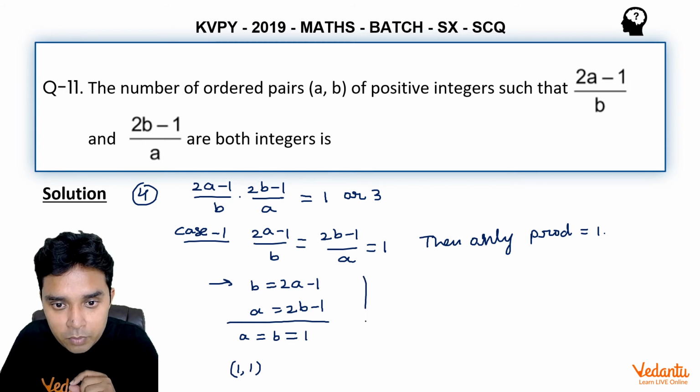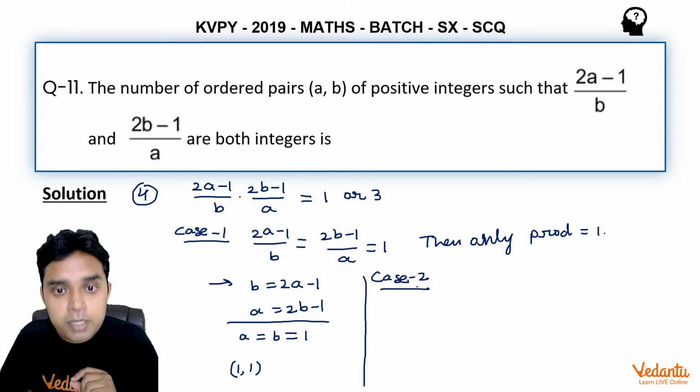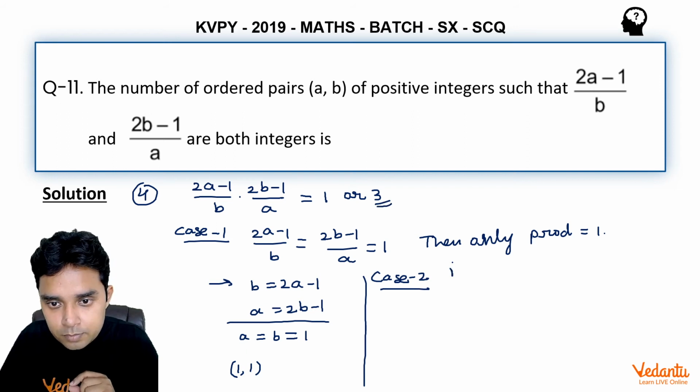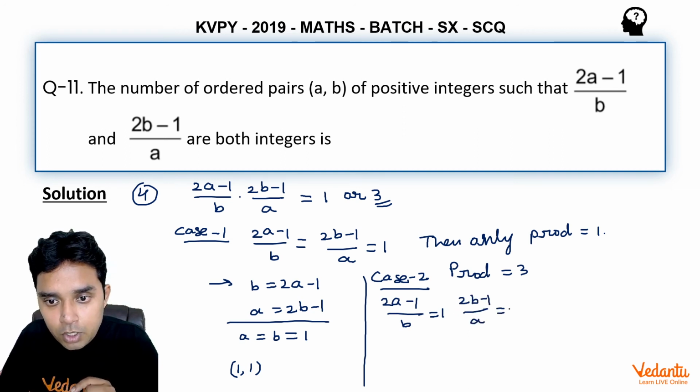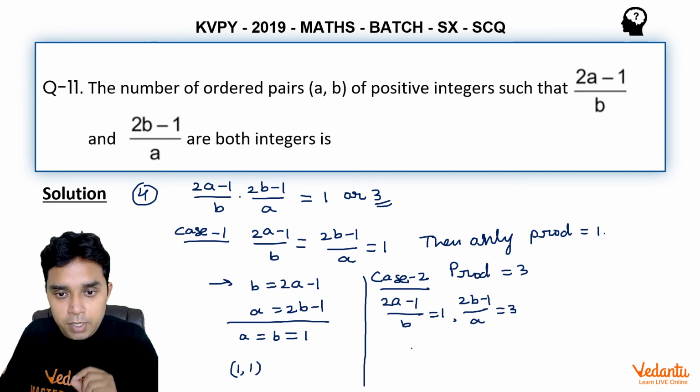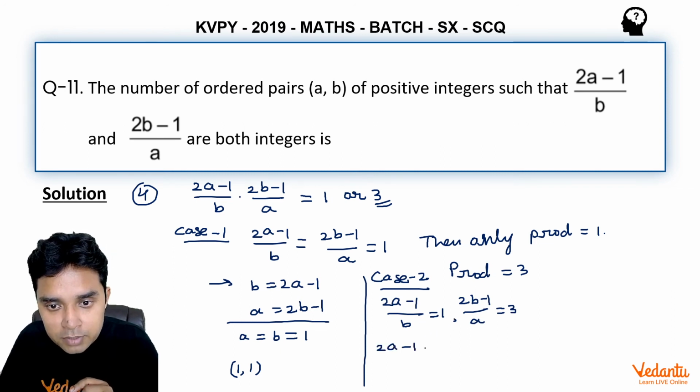Okay, now coming to case 2, when their product is equal to 3. In this case either (2a minus 1) upon b will be equal to 1 and (2b minus 1) upon a will be equal to 3, or converse. So here we will get 2a minus 1 is equal to b, and we will get 2b minus 1 is equal to 3a.